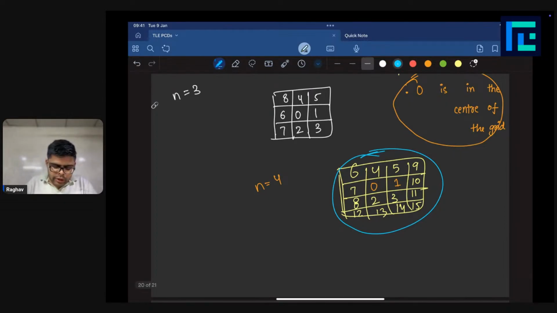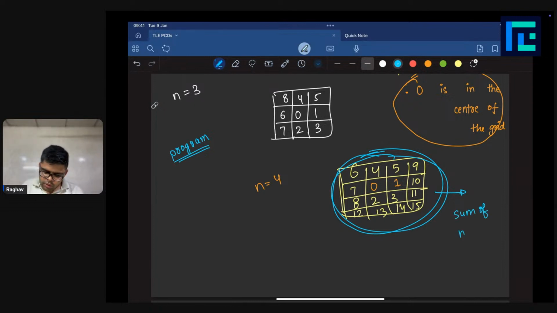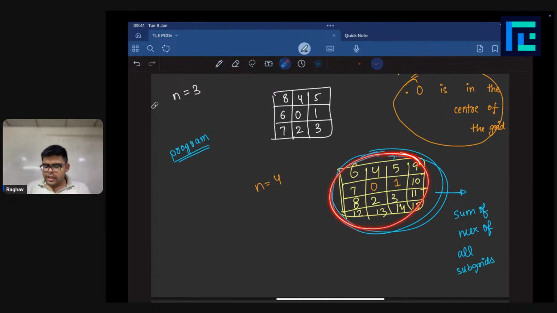So what I do recommend is to write a C++ program, or a program in any language of your choice, which will take a grid as input and tell you the sum of MEX of all subgrids. So that at the very least, when you think about a grid, you would be able to see if the sum of MEX is big or not, right?